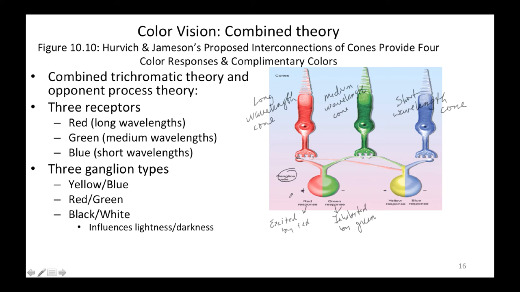Likewise, there is a ganglion cell for the blue and yellow. And it's excited by yellow, and inhibited by blue in this example.